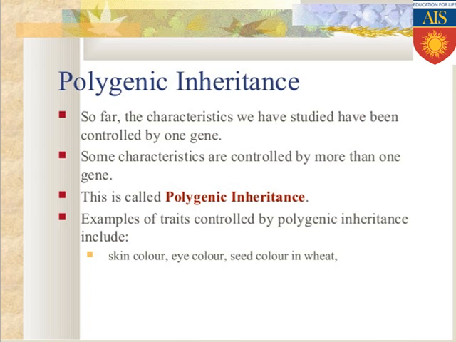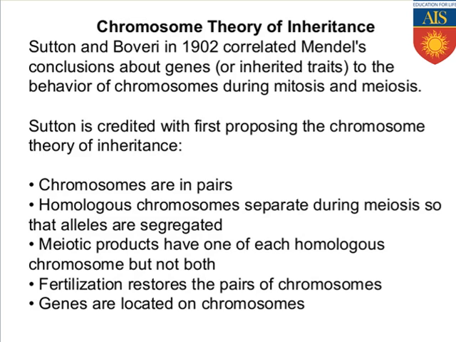So up to this point, we have discussed the Mendelian concepts of genetics as well as non-Mendelian inheritance: incomplete dominance, codominance, pleiotropy, and polygenic inheritance. Now we move to another concept.